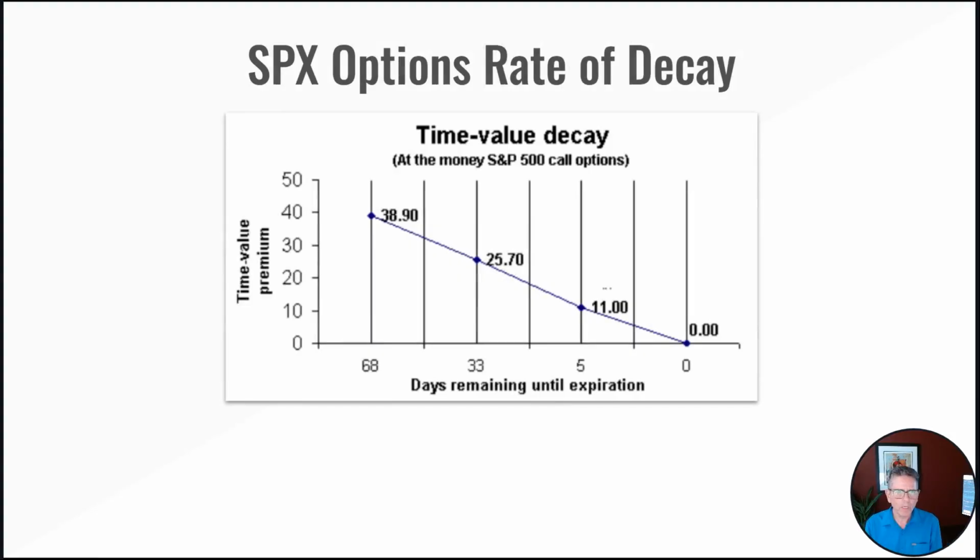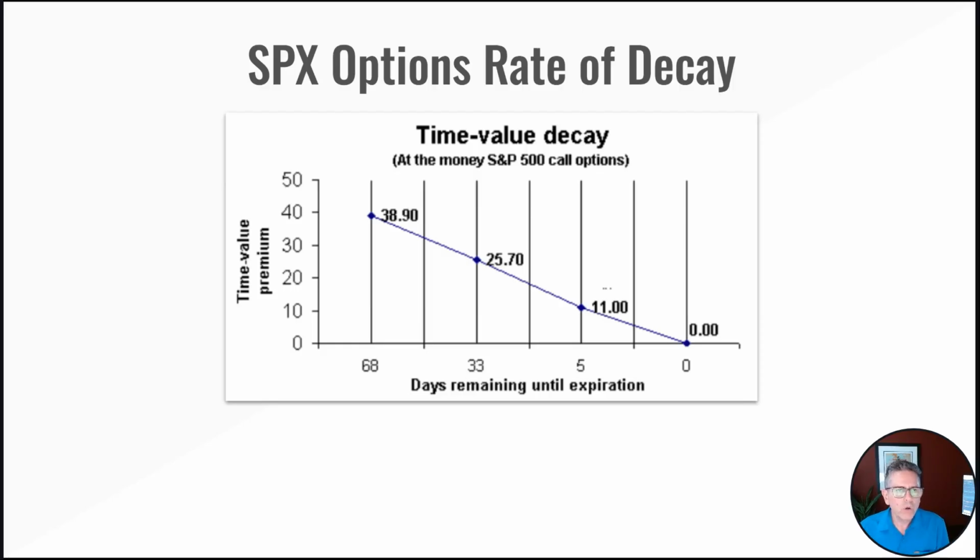Let's talk about SPX options rate of decay, which is one of the most powerful things in trading credit spreads, because over time, when you put on a position, it will continue to decay and decay until it just goes away. That's how options work.